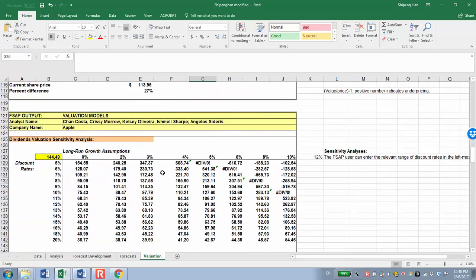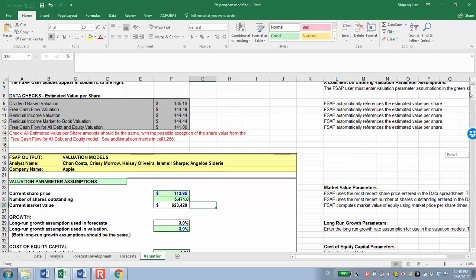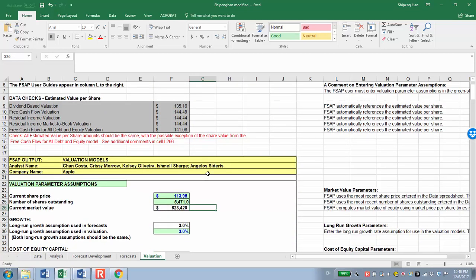And you will find there's also a sensitivity analysis. So what's a sensitivity analysis? Here is the result from the dividend model, 144. Our dividend model is 135.